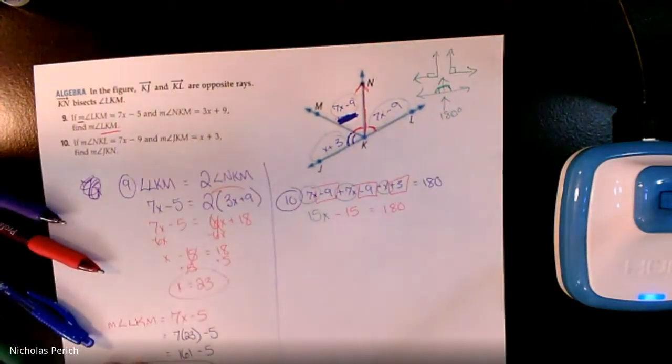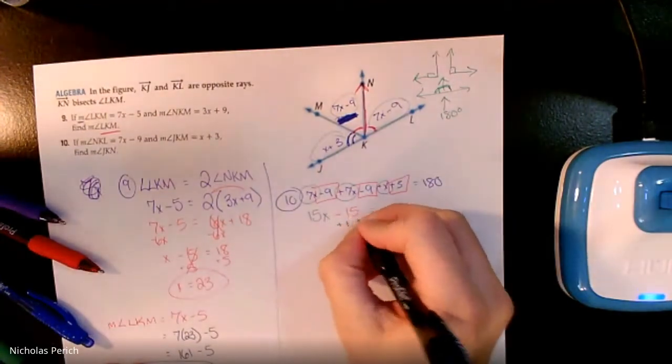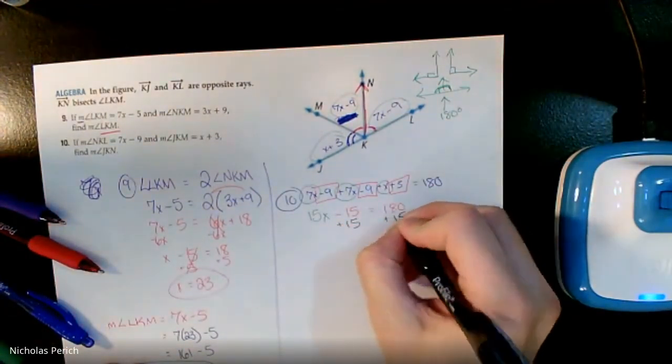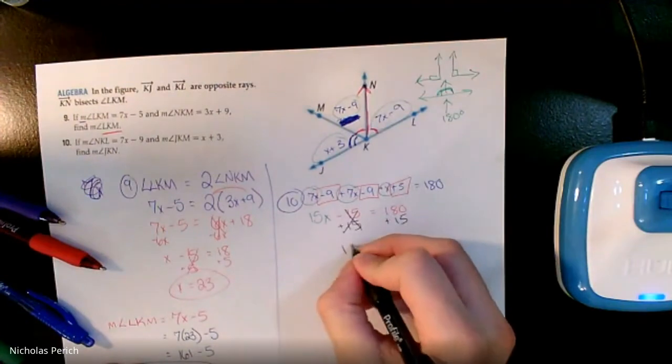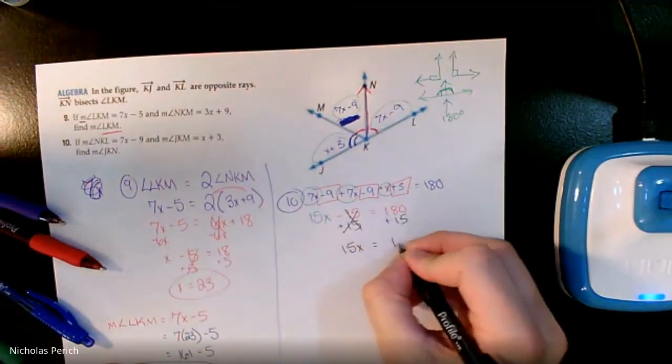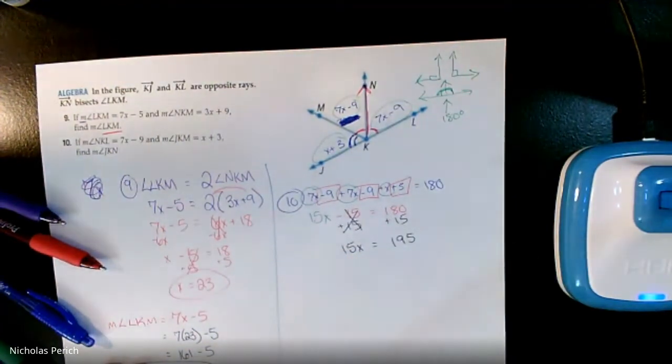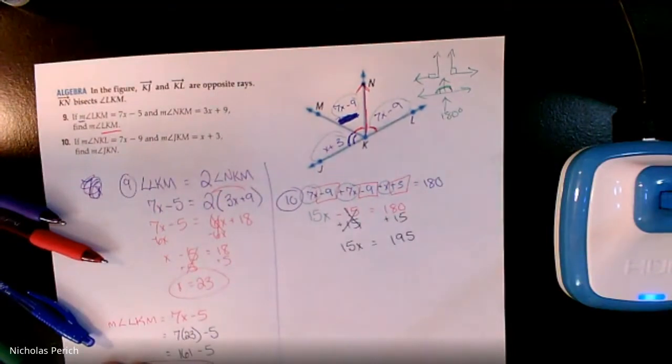Now it's a two-stepper. Add 15, cross out, and 15x equals 195. Divide by 15.